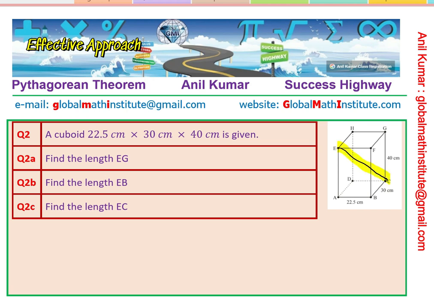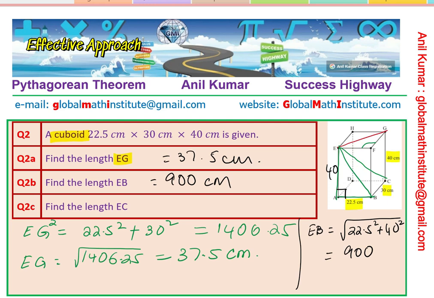To figure this out, what should we do? Well, a couple of things. We could use this diagonal and this height, knowing that that is a right angle triangle. Now this triangle A to C is the same as E to G. Do you see that? E to G we figured out in the last case as 37.5.